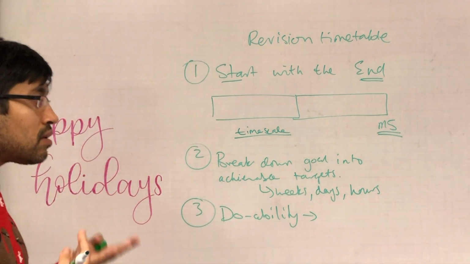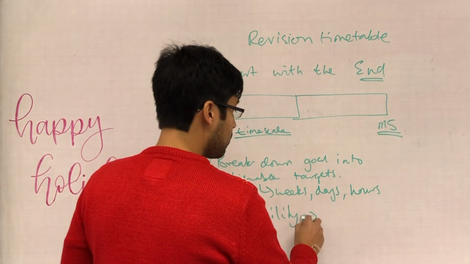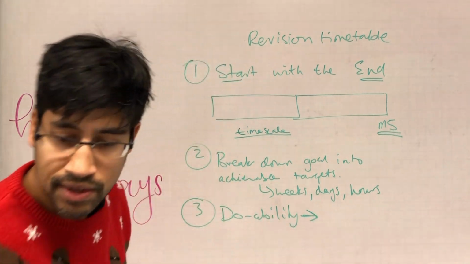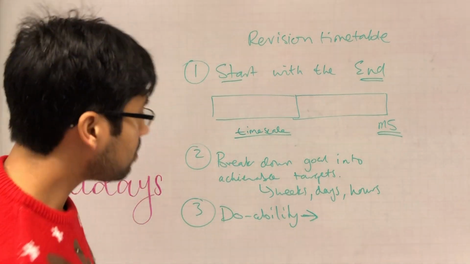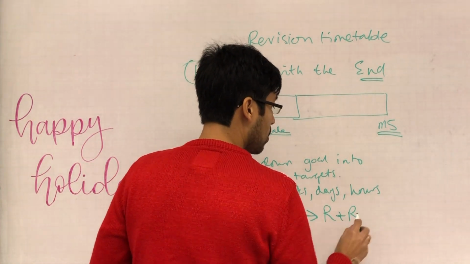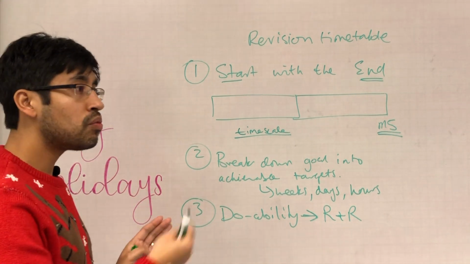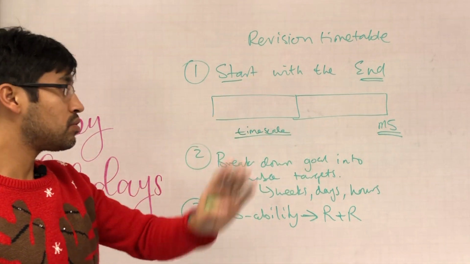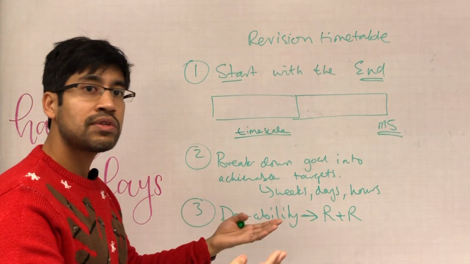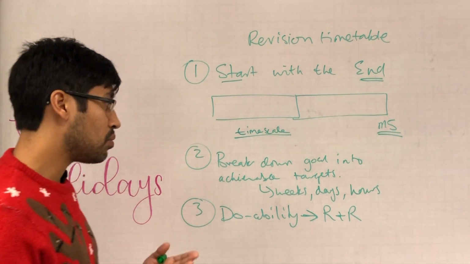Now, what kind of things can you do to check for this? So first things first, let's check my list here. First things first, remember that this is your holiday. So you need to make sure that you're not overworking yourself. You don't want to come back to college or school still tired because you've just spent too much time in your break working.